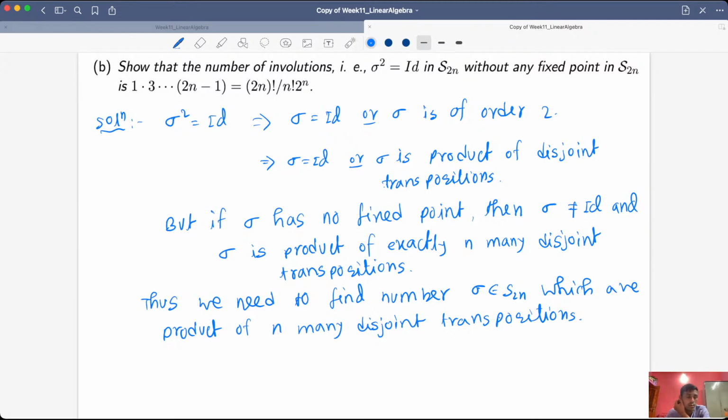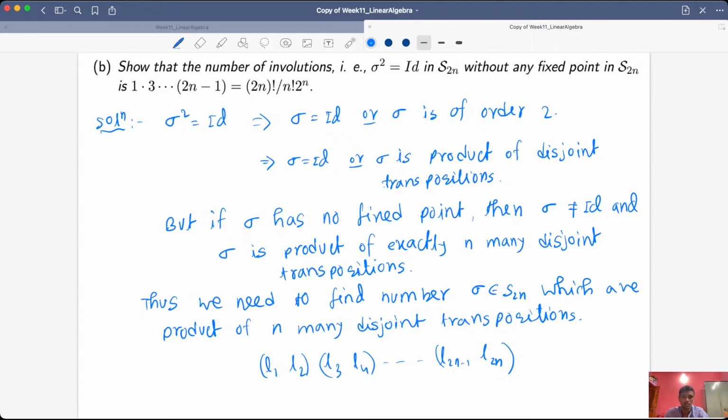And if I put consecutive brackets, two letters in each bracket, for example suppose L1, L2, L3, L4, up to L2n minus 1, L2n, all belonging to the numbers 1 through 2n, and I put the brackets in between them in this way, that gives me a disjoint product of n many transpositions, right? And that's what we wanted.